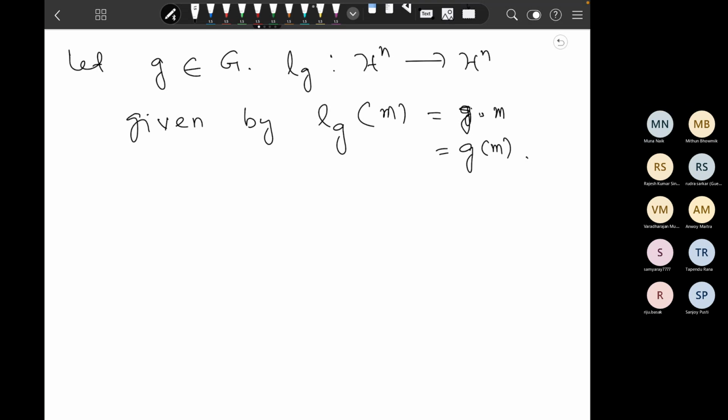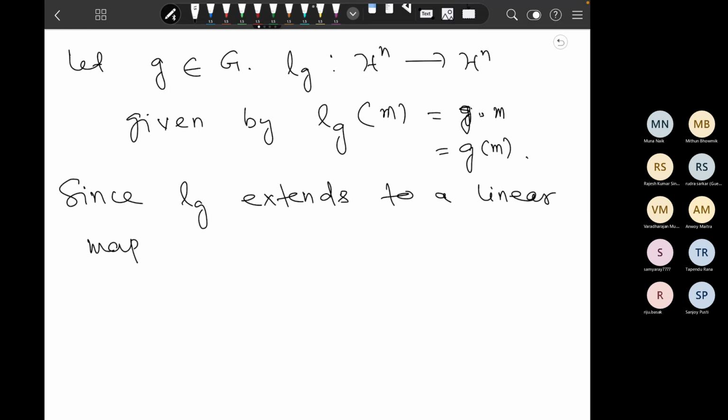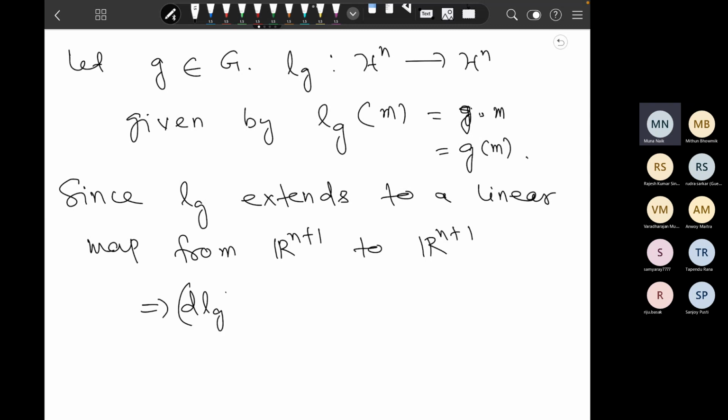Now since this L_g extends to a linear map from R^{n+1} to R^{n+1}, this implies the derivative of a linear map is always itself. So dL_g at m is equal to L_g.